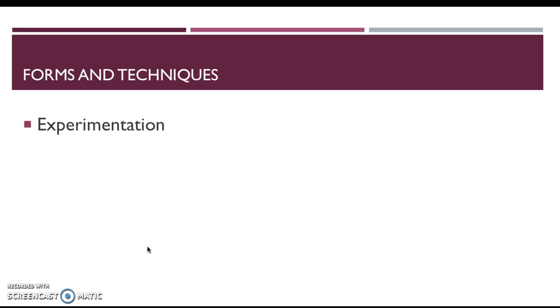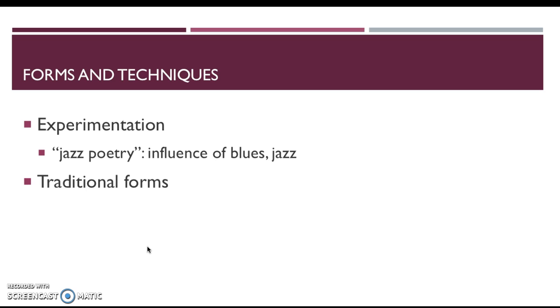Okay, so one of the debates within or between writers from the Harlem Renaissance was the extent to which to experiment. And you'll notice a lot of experimentation in some of the writing or some of the poetry that you read. Hughes was known for his jazz poetry, for example. Langston Hughes definitely showed the influence of blues in terms of the rhythms that he used, the subjects that he used. But other writers wondered whether traditional forms were a better way to reach a larger audience.